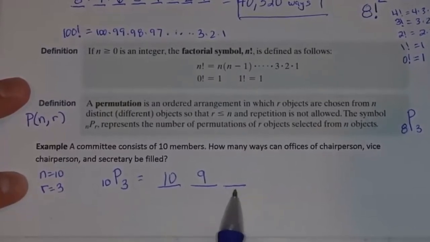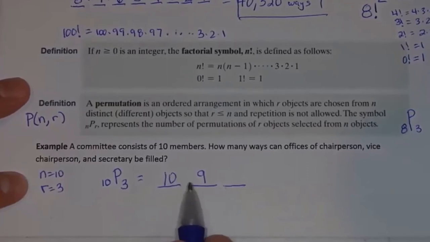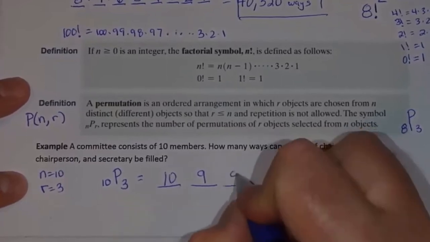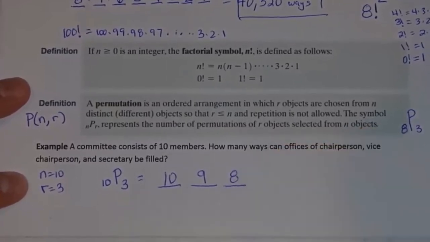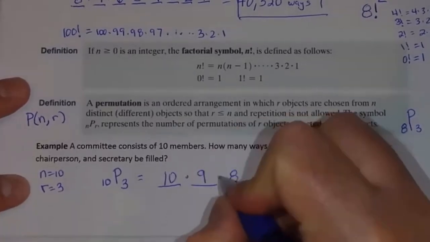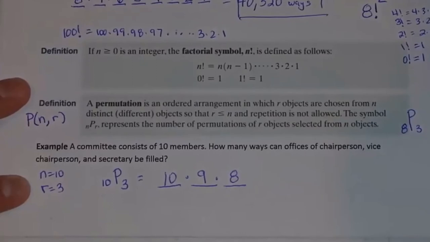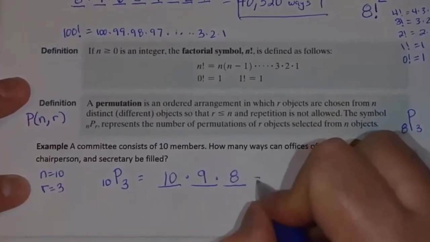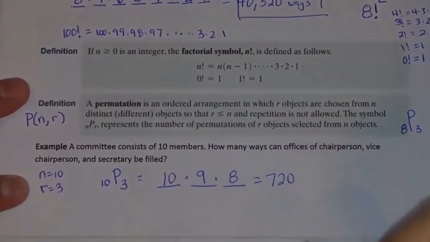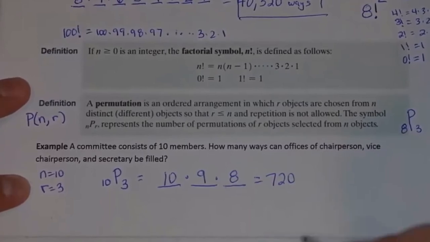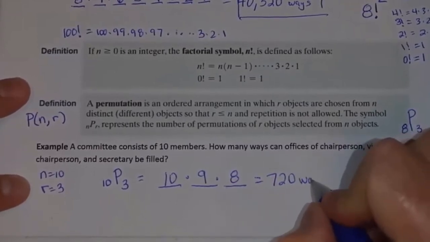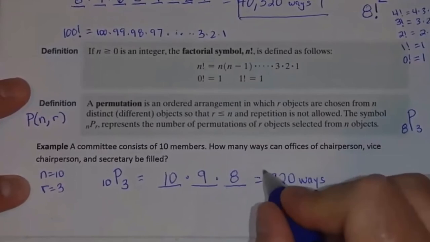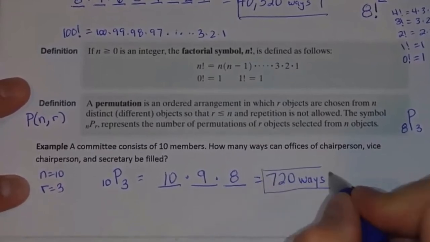And when I go to the secretary, the chair and the vice chair have been picked, so there will only be 8 people left to pick from. So 10 times 9 times 8, which is 720 if you multiply that out. So there are 720 different ways of selecting these 3 offices.